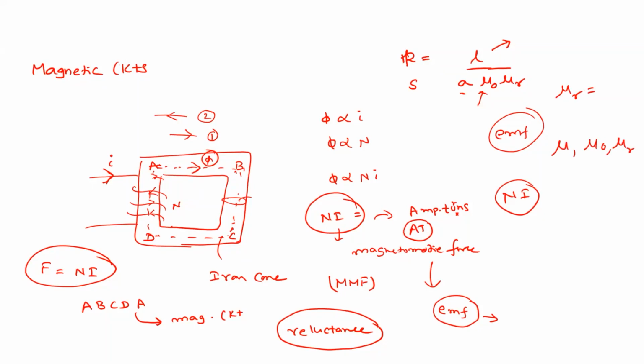We have mu equal to mu naught into mu R, where mu R is mu by mu naught. This mu is known as the absolute permeability. Clear? So what is the mu naught value?